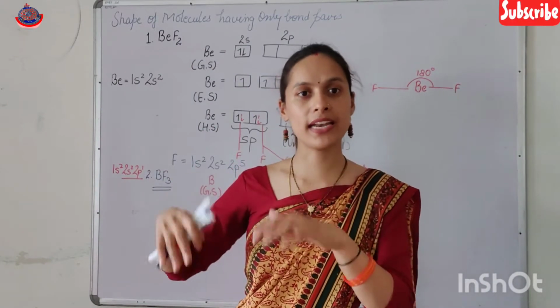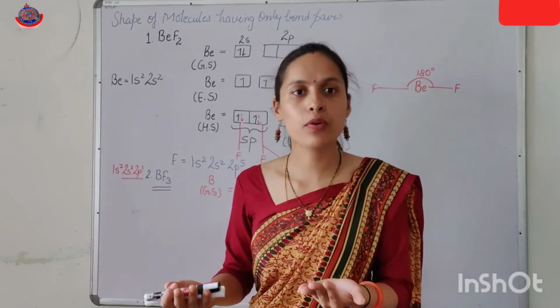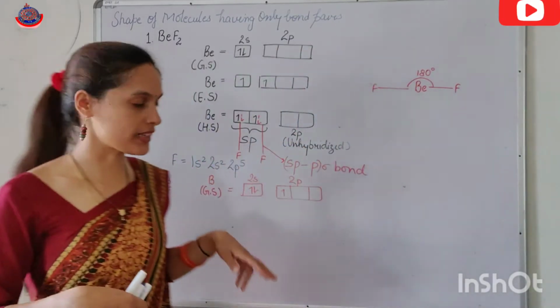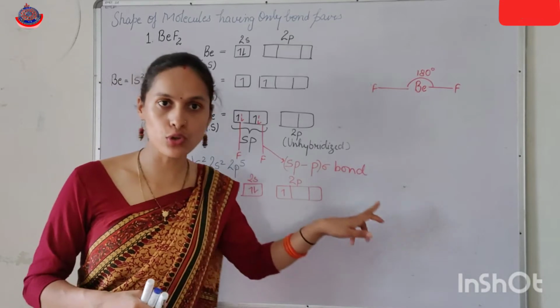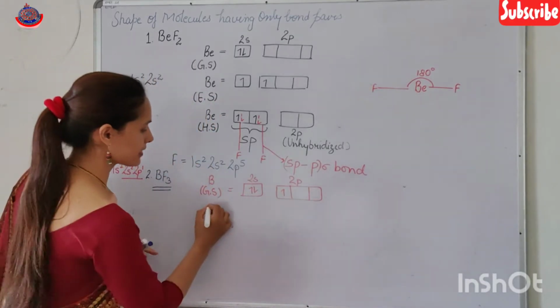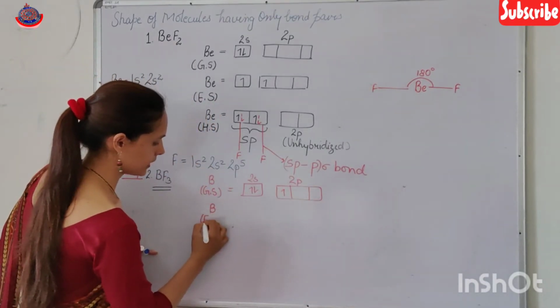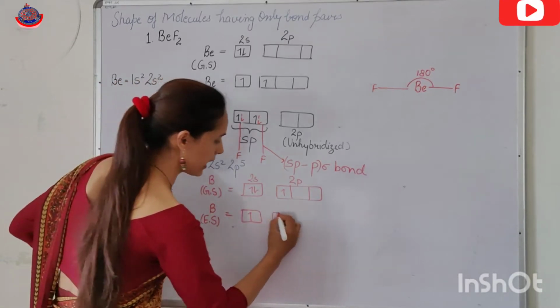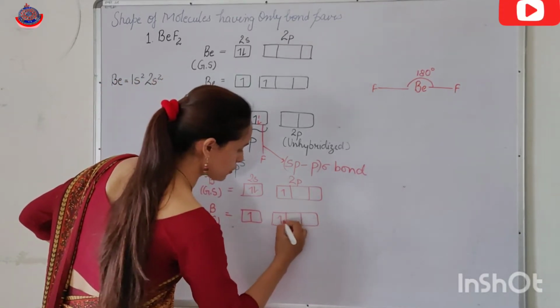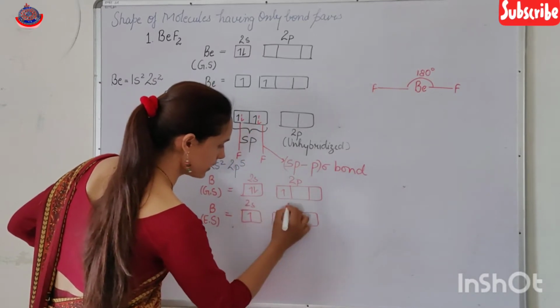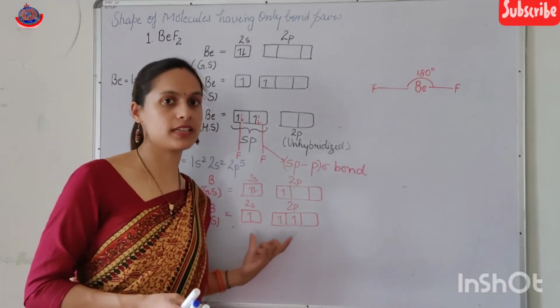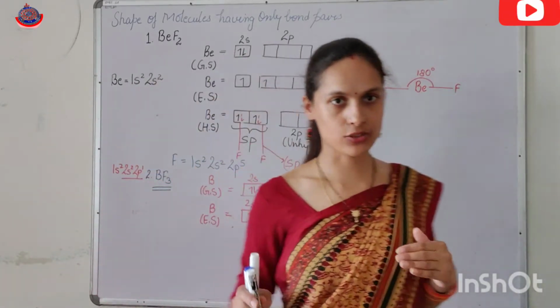At that time energy will be released, and that energy is utilized by the boron to excite its electron from s to p. So in the excited state, we get 2s1 and 2p2. Now I have 3 orbitals which have half-filled electrons.